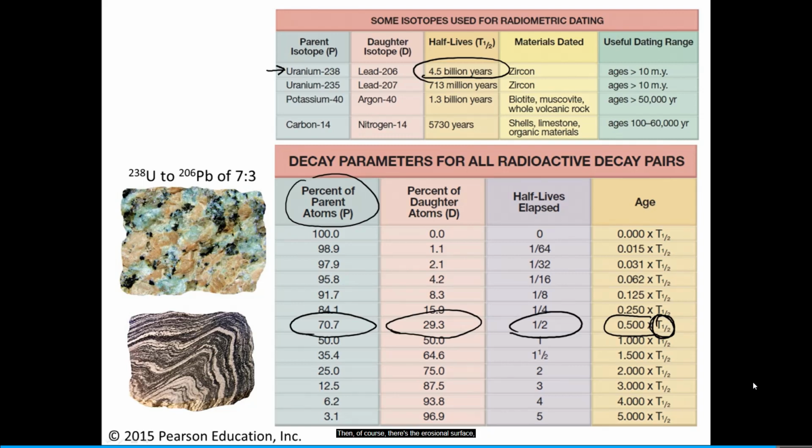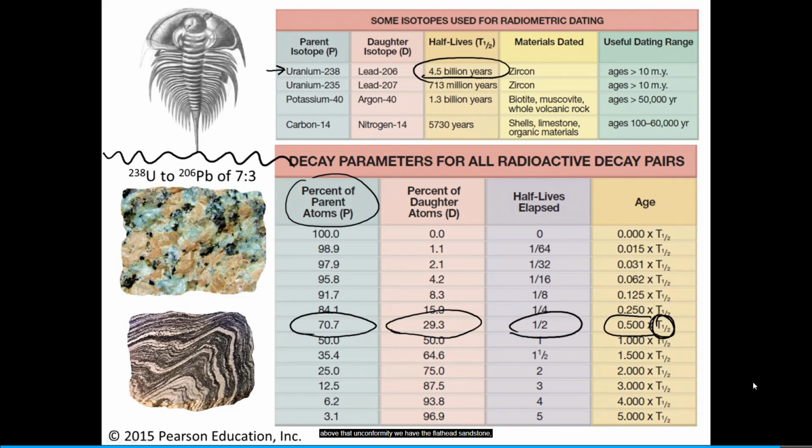Then, of course, there's the erosional surface, the unconformity, and above that unconformity we had the Flathead sandstone, which included fossils, we said, of Olenellus, the trilobite. And you'll recall from the diagram of the geologic range zones in your lab manual that Olenellus is a Cambrian-only organism.